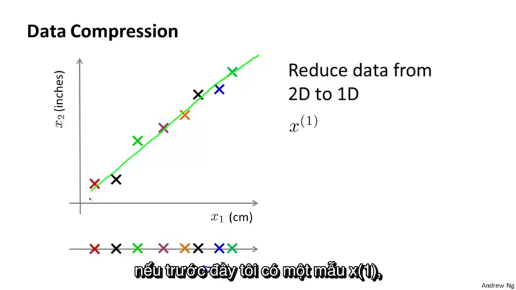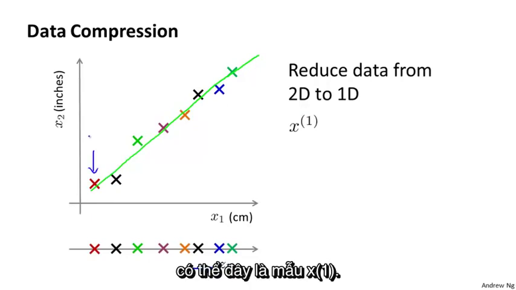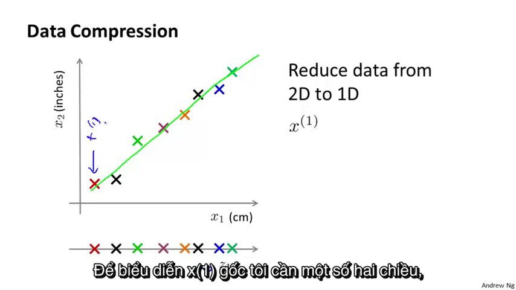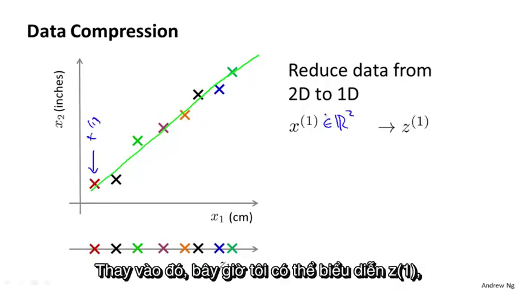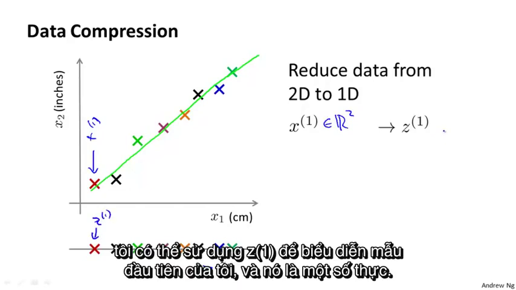What this means is that previously, if I had an example, x(1), maybe this was my first example, in order to represent x(1) I needed a two-dimensional feature vector. Instead, now I can use just z1 to represent my first example, and that's going to be a real number.